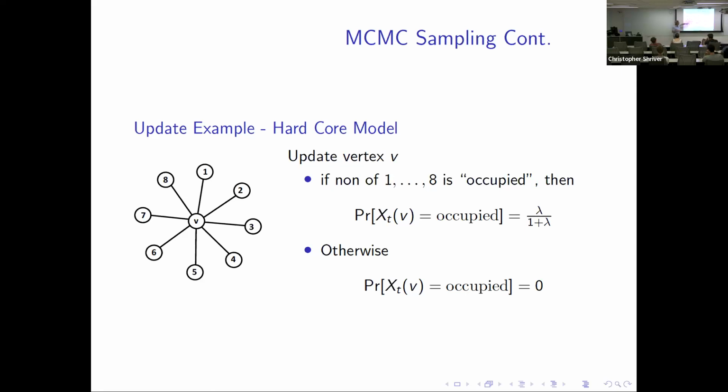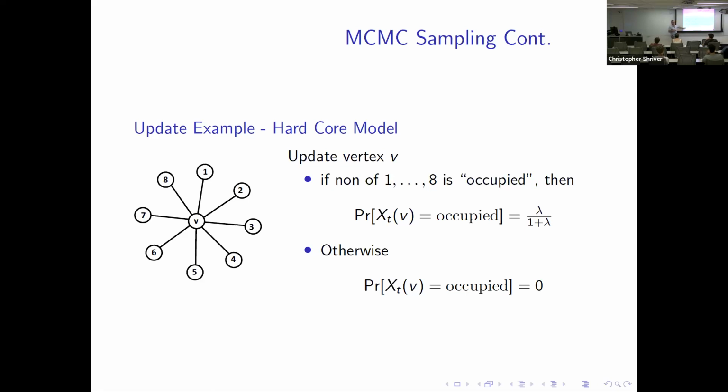If none of the vertices 1 up to 8 is occupied, is in the independent set, then x sub v becomes a member of the independent set, becomes occupied, as we say, with probability lambda over 1 plus lambda, where lambda is the fugacity, if you remember. If one of the leaves is occupied, then of course x sub v cannot become part of the independent set, so x sub v is occupied with probability 0.